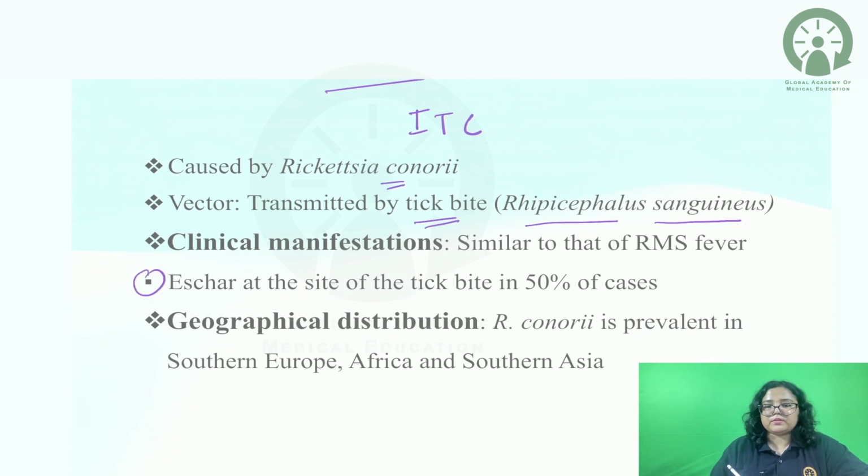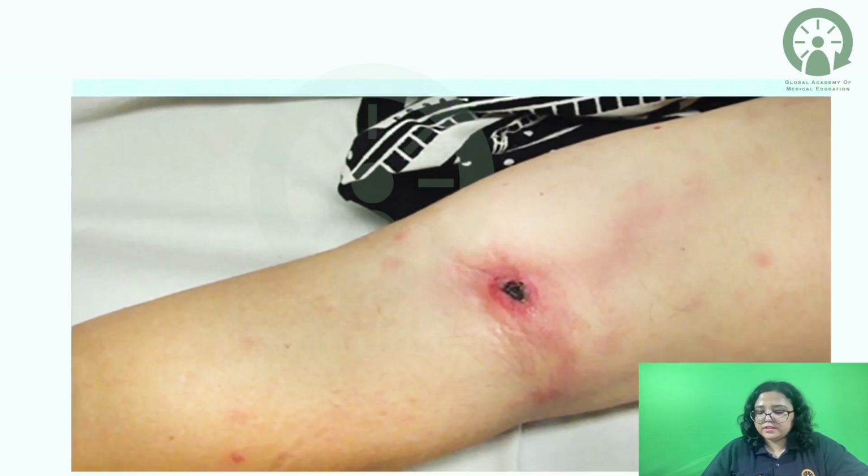Eschar is a deep necrotic region surrounded by a hyperemic region. We are going to see an image of it, and it is prevalent in southern Europe, Africa and southern Asia. Here we have a very prominent image of an eschar. We see a black necrosis surrounded by a red hyperemic region.